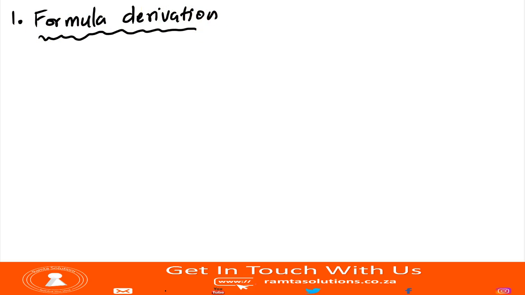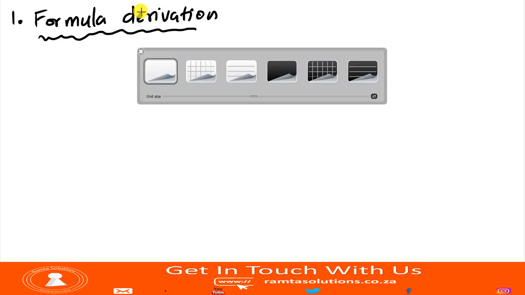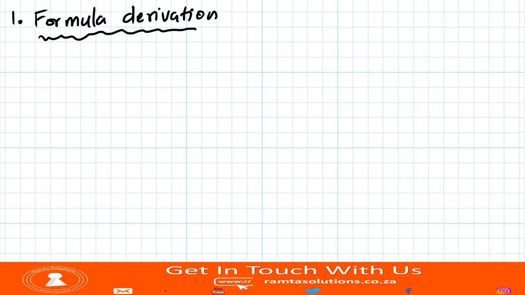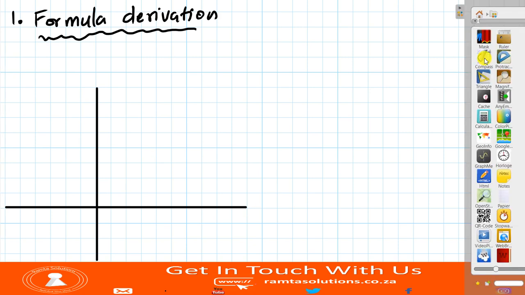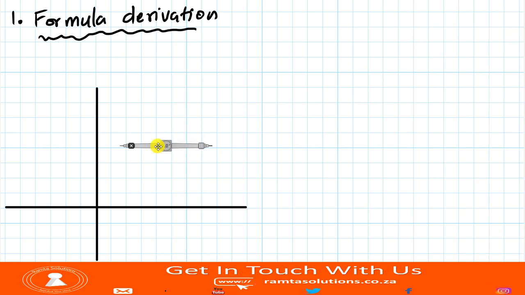I'm going to draw a Cartesian plane. Now I'm going to use a compass so I can draw a circle.